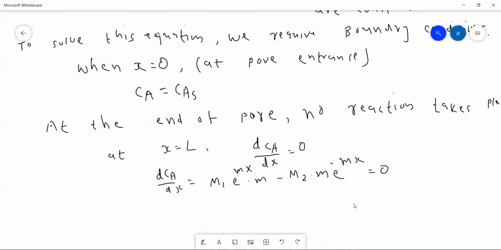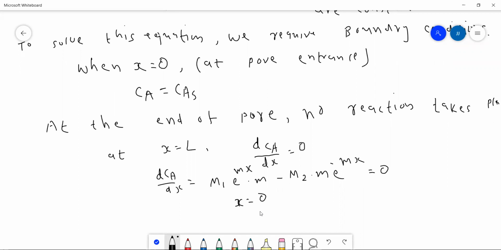And we also put x is equal to 0, then CA becomes CAS.